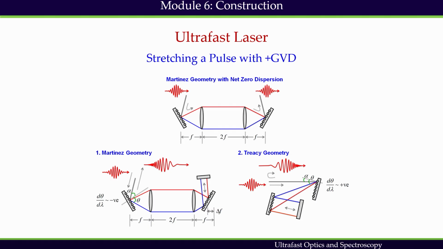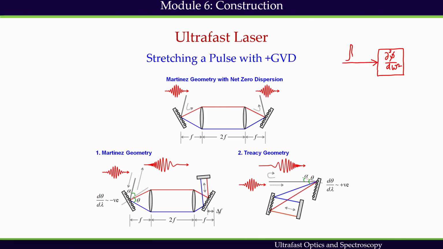As discussed in earlier module, a chirped pulse can be obtained simply by propagating a short pulse through optical material such as glass. So, we have already seen that material dispersion and particularly second order spectral phase can actually introduce chirp or broaden the pulse.